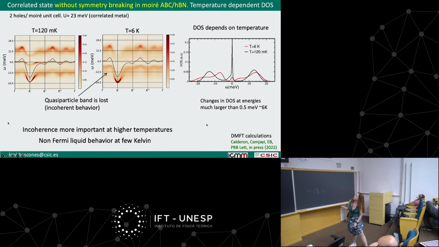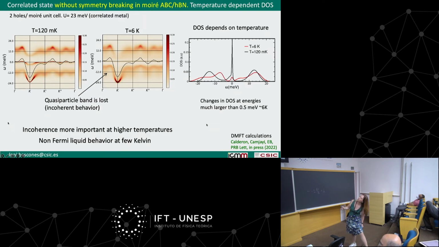And another interesting thing that happens in these Mott systems is what happens if we increase the temperature. In many cases, you increase the temperature and then your correlation effects disappear. Before, I was at quite low temperature, 120 milli-K, and we had this band at this interaction.